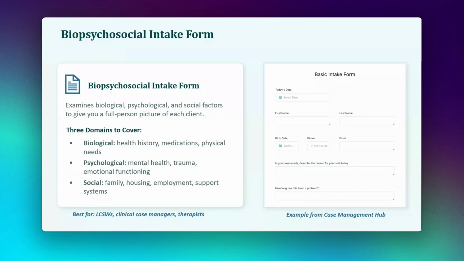For a clinical social worker or LCSW, this is often your primary intake and assessment tool. It helps you understand not just what the client is presenting with, but why, and what life factors might be influencing their decision. Let me show you a quick example of a biopsychosocial assessment.